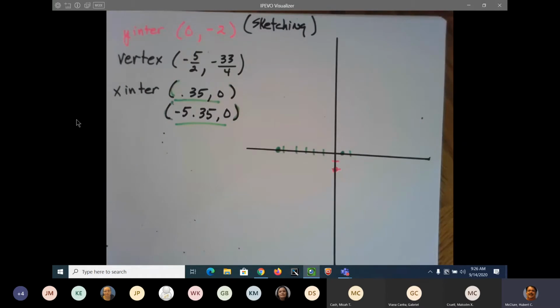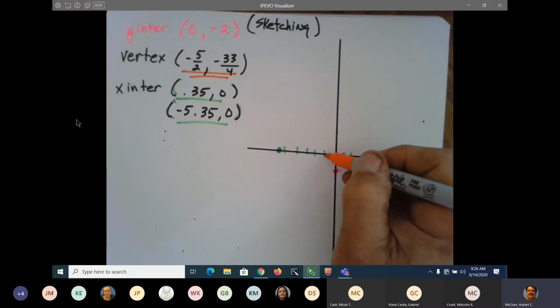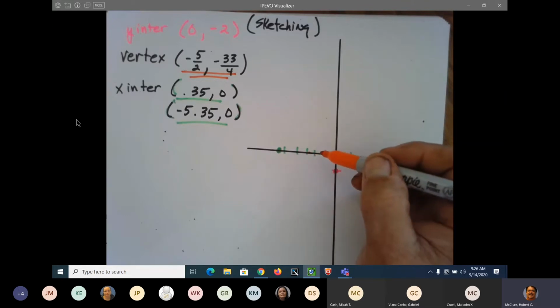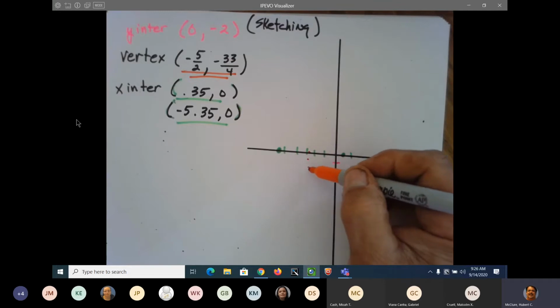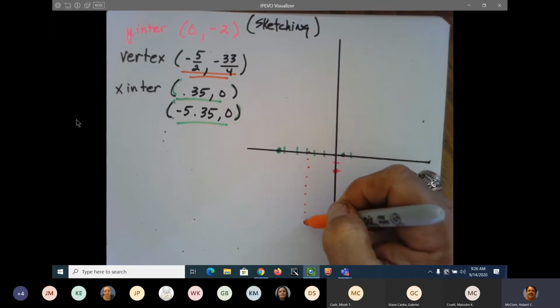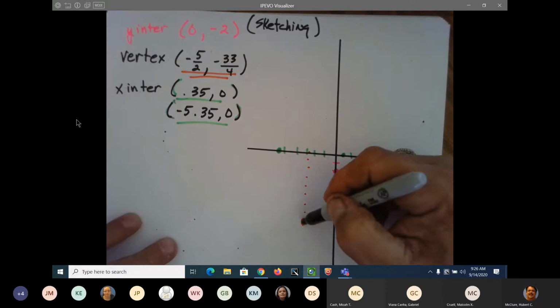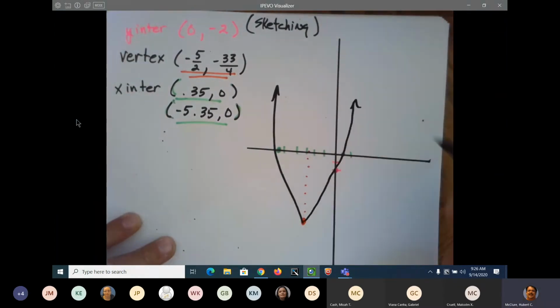I'll do the vertex in orange. -2.5, and 4 will go in there 8 times, so it's going to be like 8. 1, 2, 3, 4, 5, 6, 7, 8. And that's what our parabola looks like. Don't judge my drawings, okay?